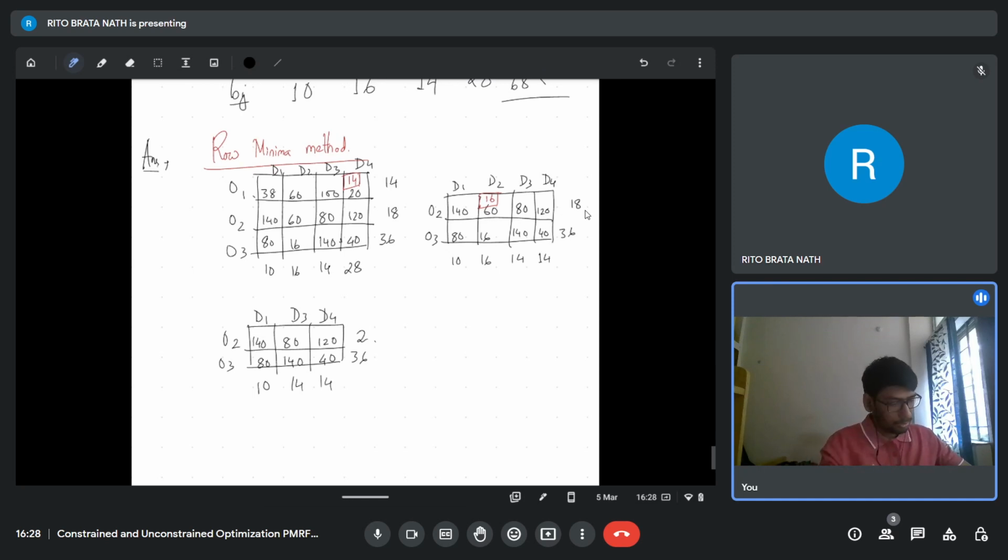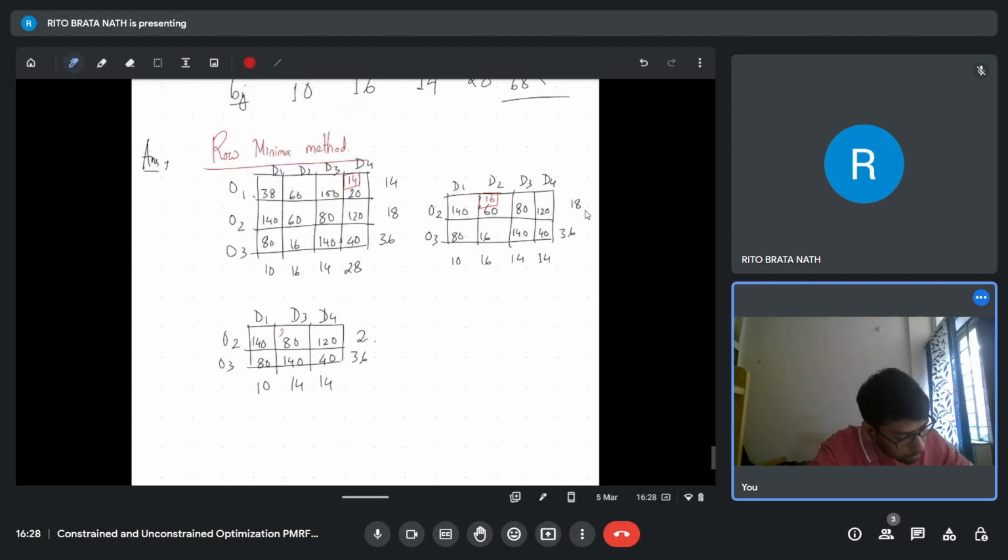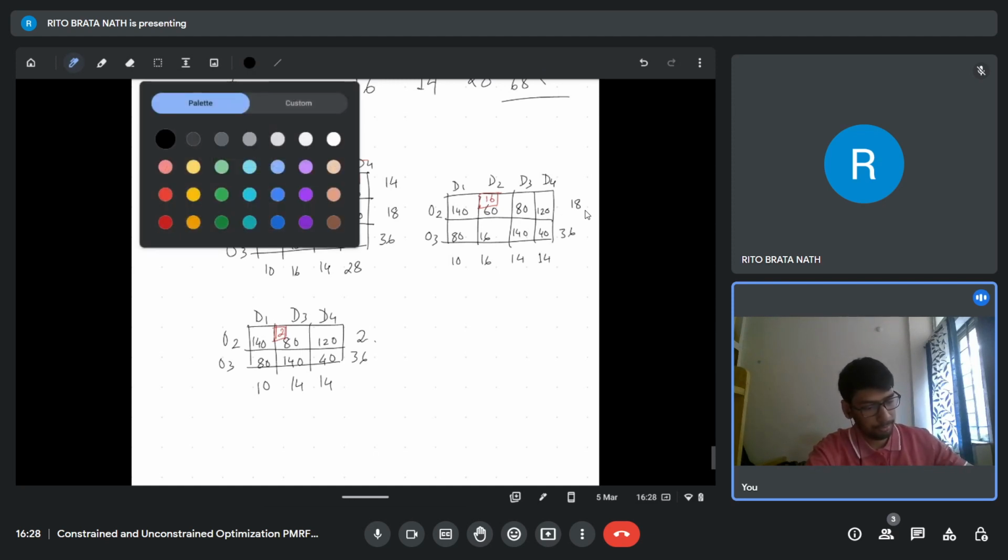Okay, so again the row minima method, 80 is the minimum one. So you can allocate 2 there. So you can now delete the entire origin 2 row, and you'll be left with only one row now.